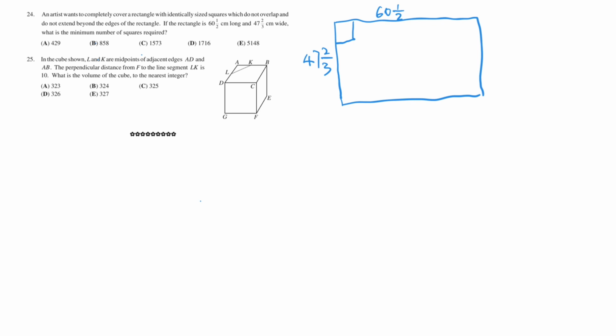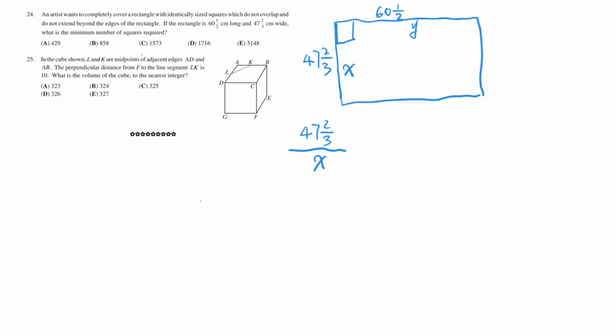Let the number of squares along the width be x. The number of squares along the length is y. The width is 47 2/3 and the number is x, so the side length of the square is the total length divided by the number.